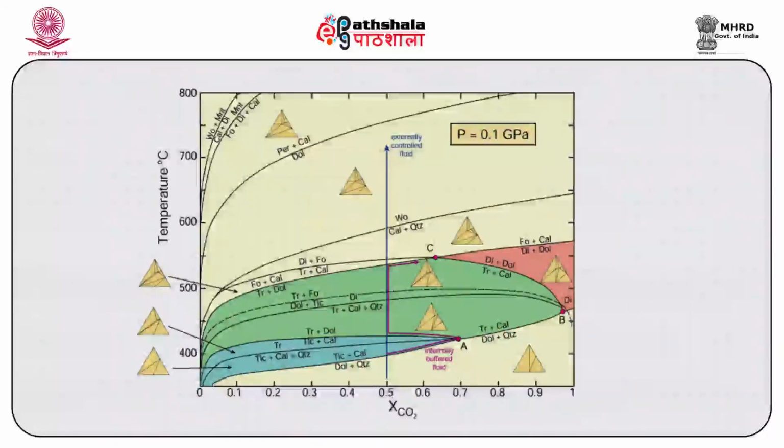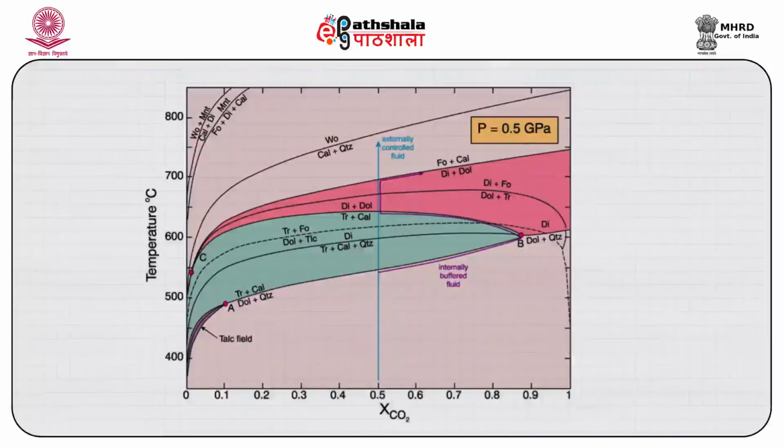The same phase diagram is computed at 5 kilobar in 14b, and you can see that all the mineral reactions are shifted to higher temperatures because of the increase in pressure.